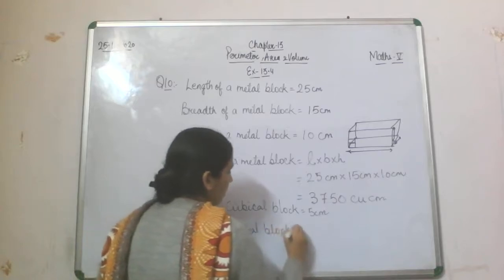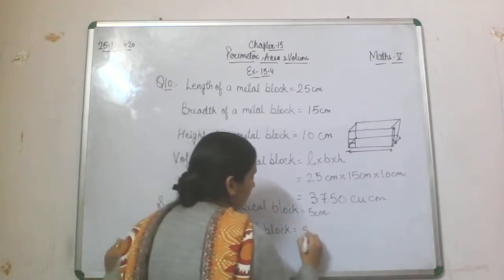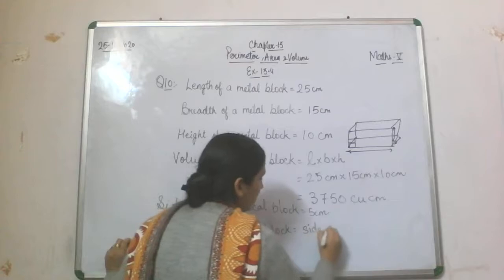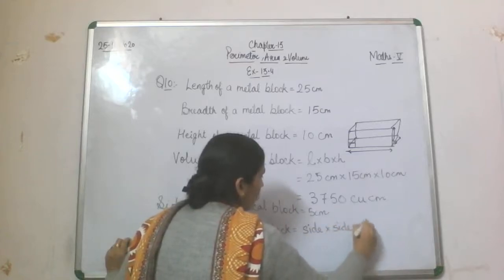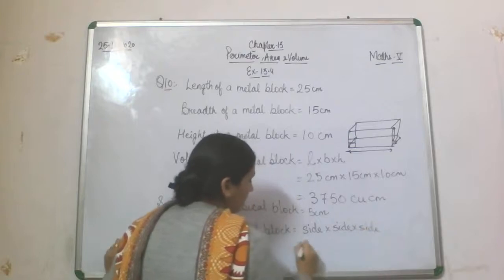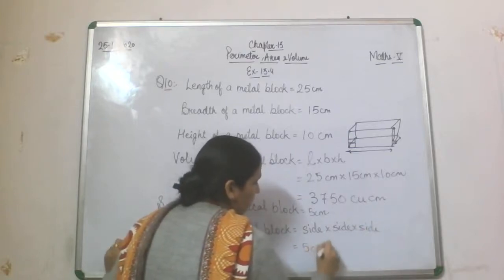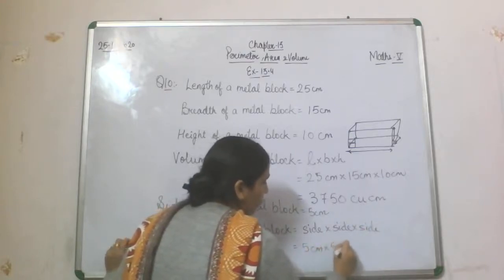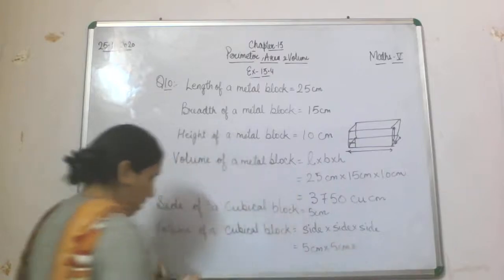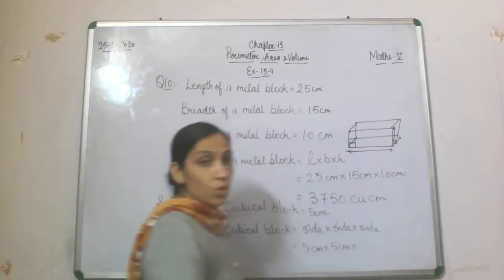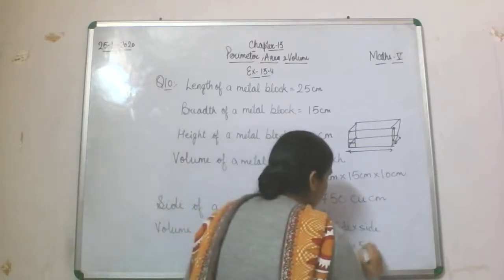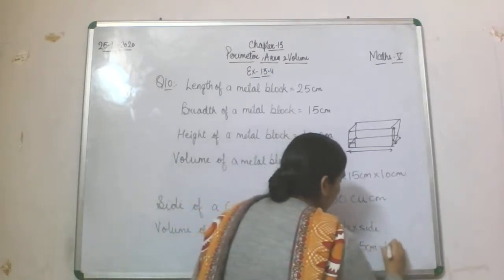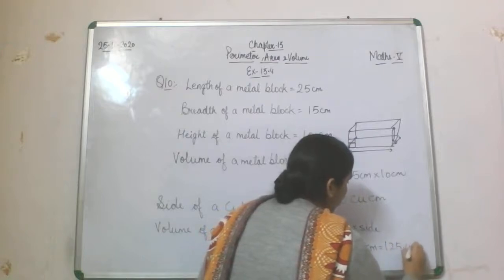That is side multiplied by side multiplied by side. This is a very important part of this question: finding the volume of both shapes, the cubical shape and the cuboidal shape. Both are very important. 5 5s are 25, 125 cubic centimeter.